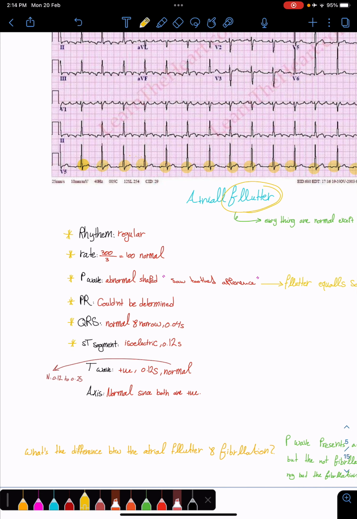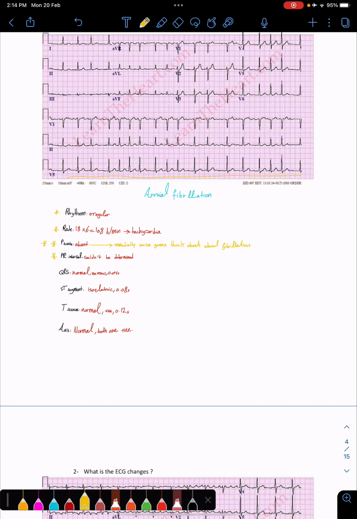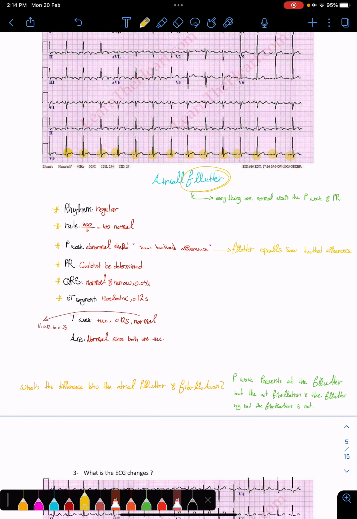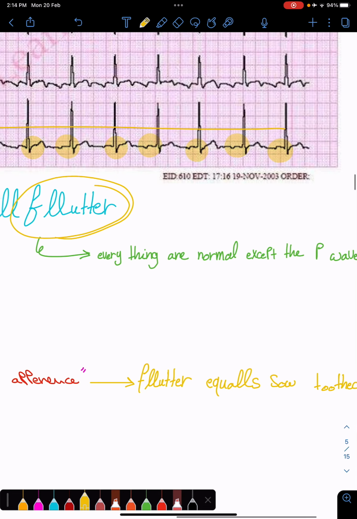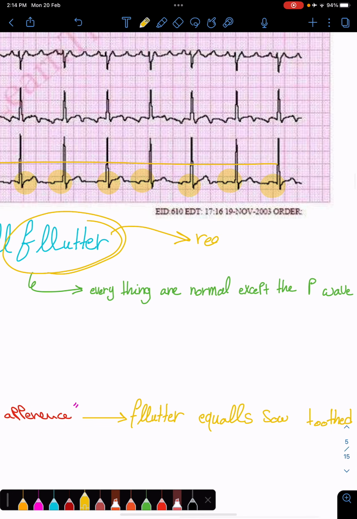In atrial flutter, there is going to be a regular rhythm, unlike atrial fibrillation, as you can notice here. Atrial flutter is all regular.